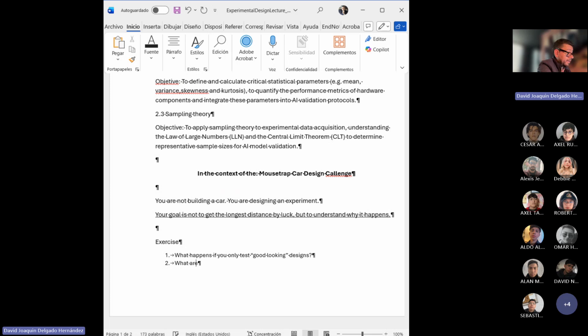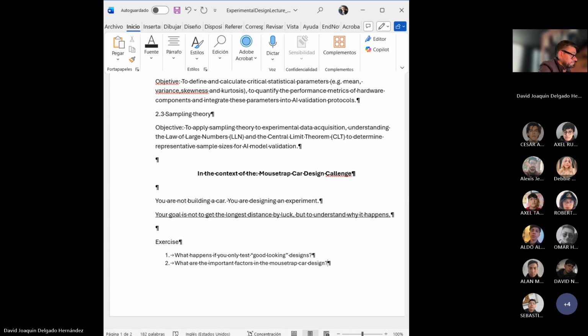Second question, what are the important factors in the mousetrap car design? What are the important factors? Which ones did you consider in your teams?